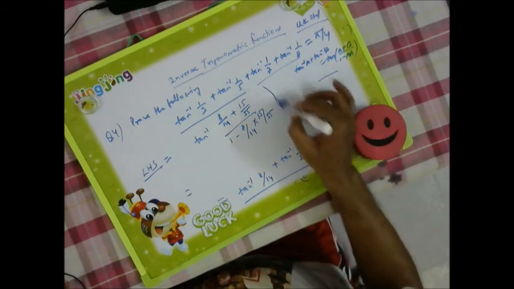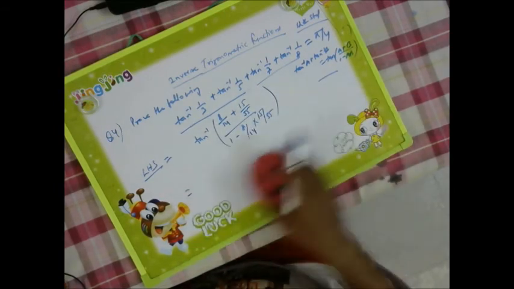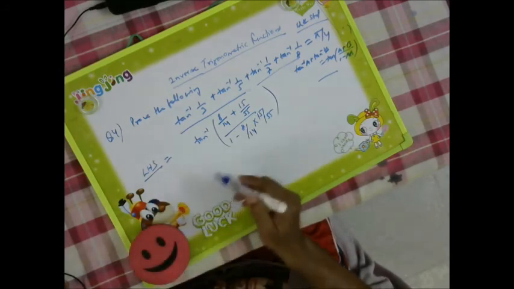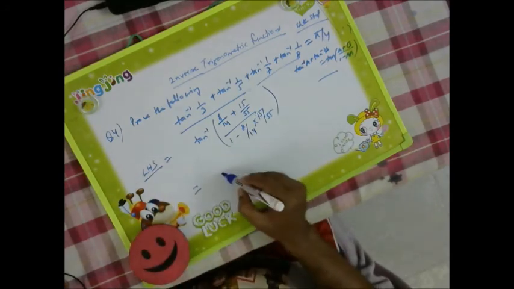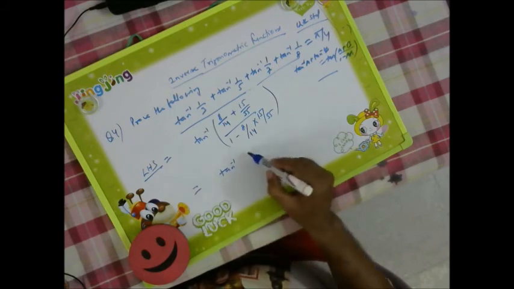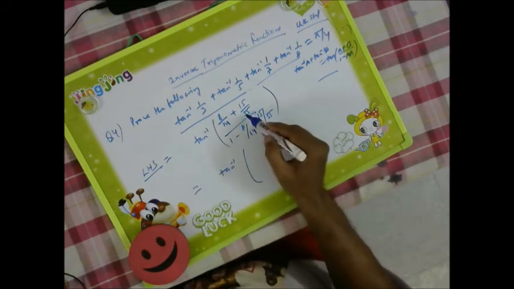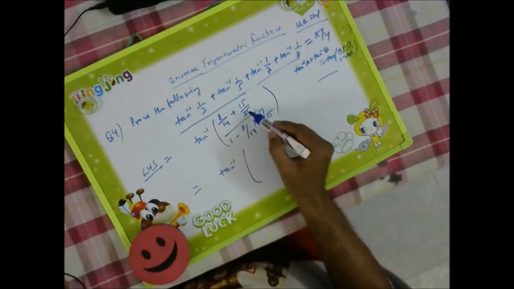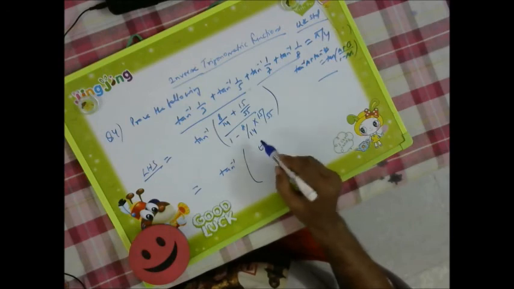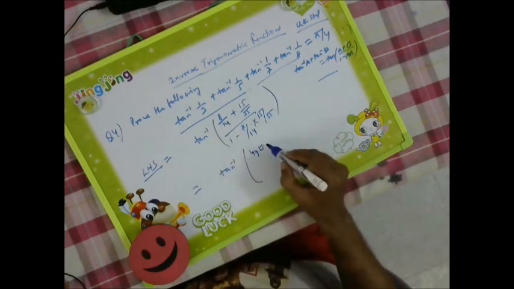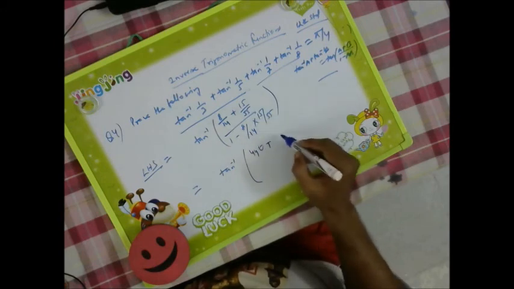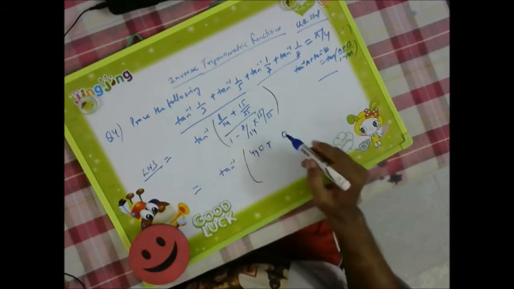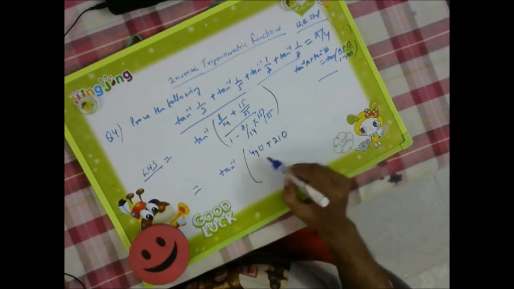Now we can do it. 8 into 55: 8 fives are 40, 8 fives are 40, so 440, plus 15 into 14 is 210.